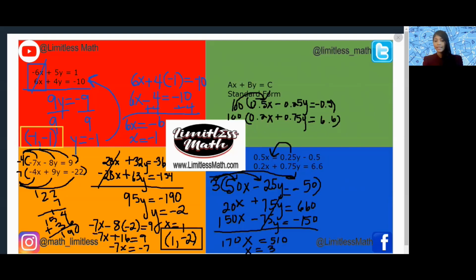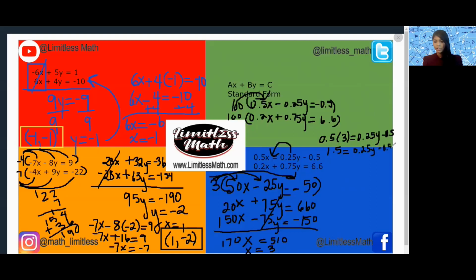Now that we've completed that, what I like to do is substitute that back into one of the original equations. 0.5 times 3 equals 0.25y minus 0.5. So 0.5 times 3 will give us 1.5 equals 0.25y minus 0.5.